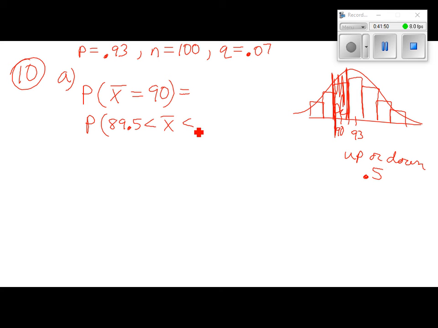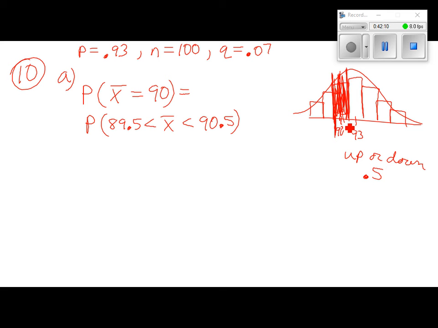Go up, what would we change it to? 90.5. So that way we're actually getting that whole area that we want.